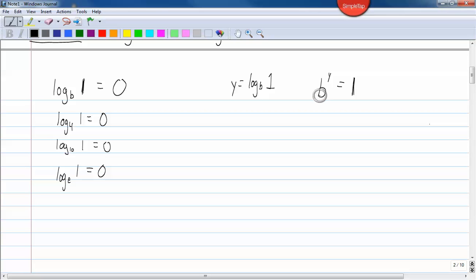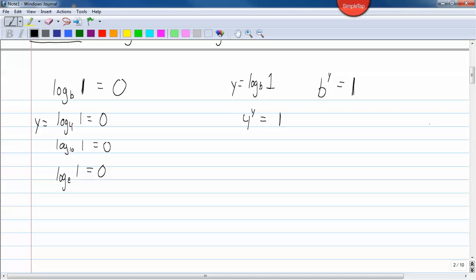And again, it's because, like over here, if the base is 4, then 4 to the y power equals 1. This means 4 to the what power equals 1? Well, 0. So that's why over here log base 4 of 1 is 0. They're always equal to 0 if you evaluate 1.